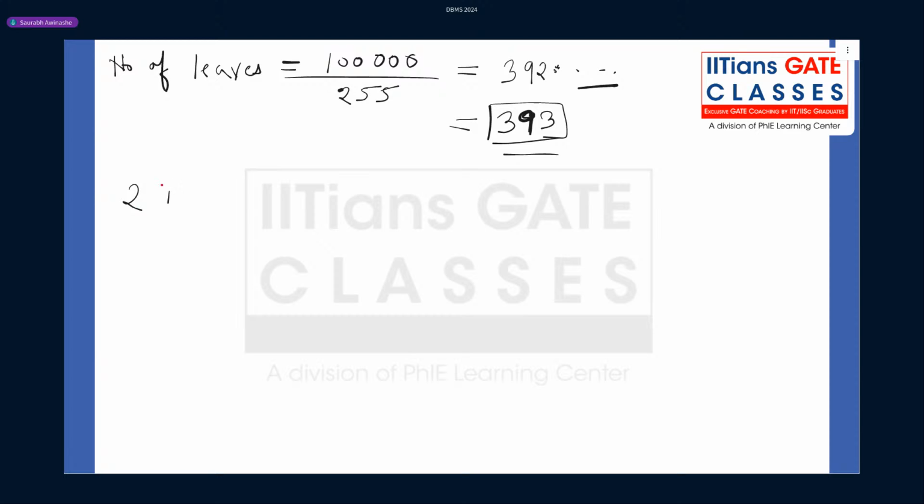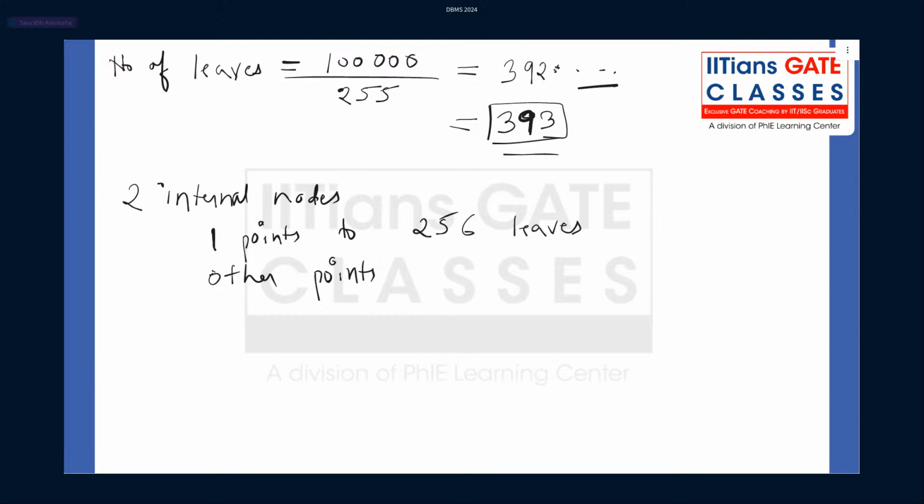So now we take two internal nodes. One points to, let's say, 256 leaves, and the other points to the remaining leaves. Okay.